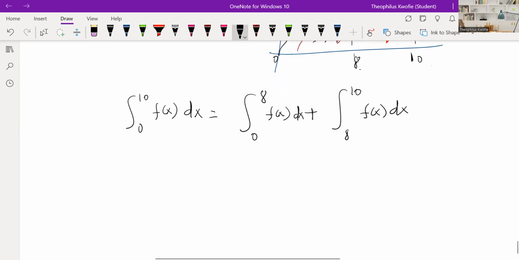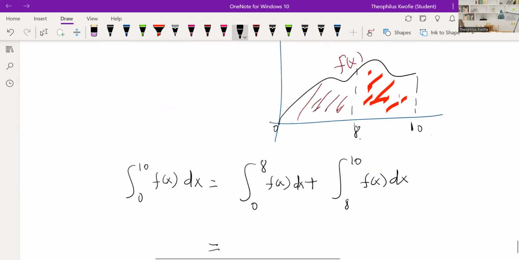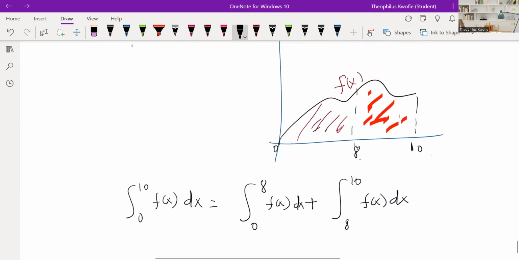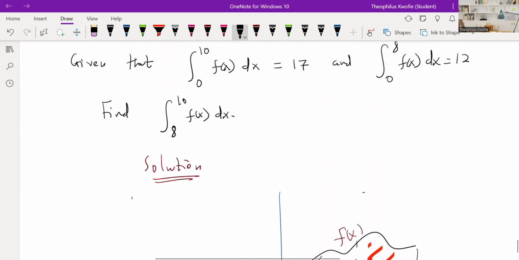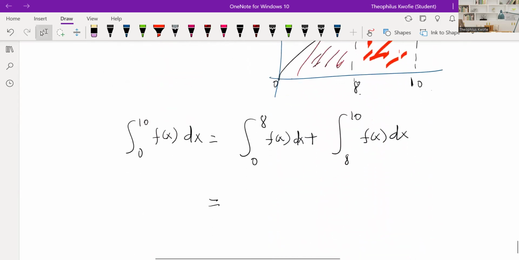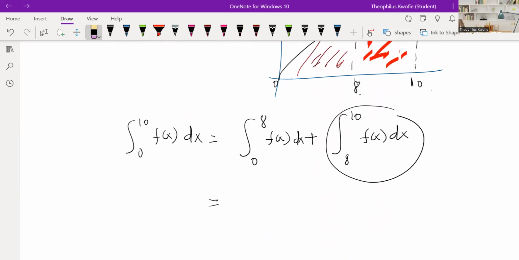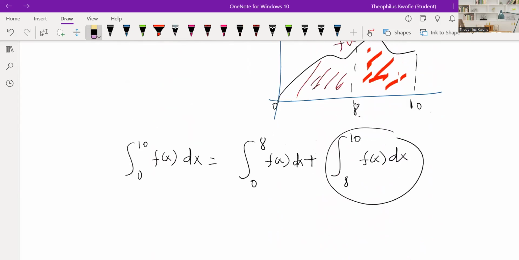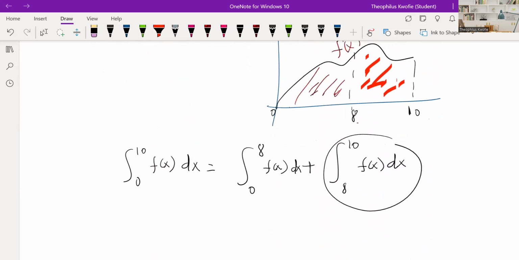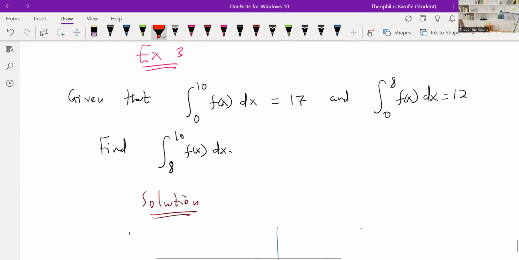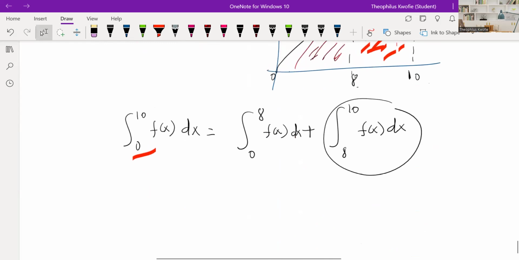Very important. Now, per the question, what were we given? We're asked to find what? This is what we are trying to find, okay? So if we are finding this, we just have to make something the subject. Remember, according to the question, we are given this, and we are also given this.